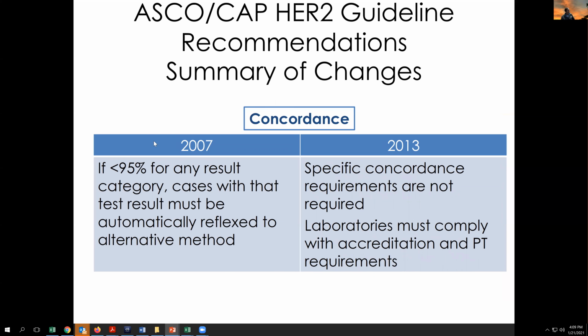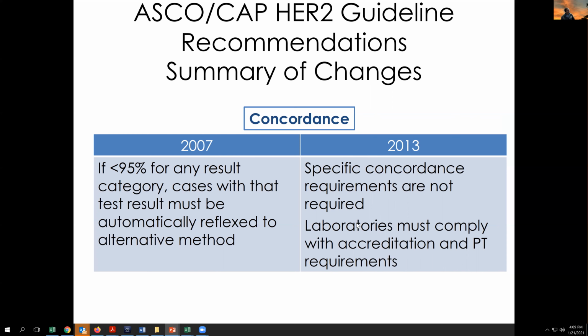Similarly, the concordance required shifted between guidelines as well. So for any category, any cases that were less than 95% had to be reflexed to some alternate method. However, in 2013, those concordance requirements were changed.